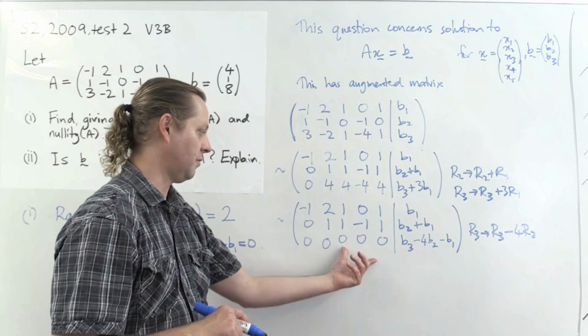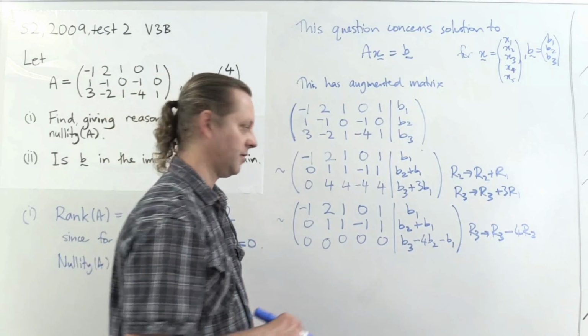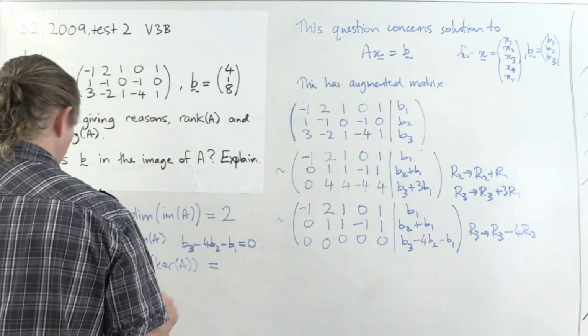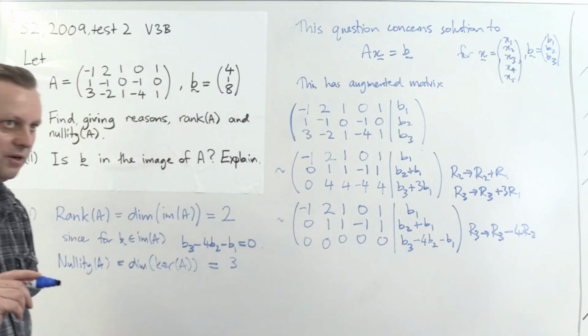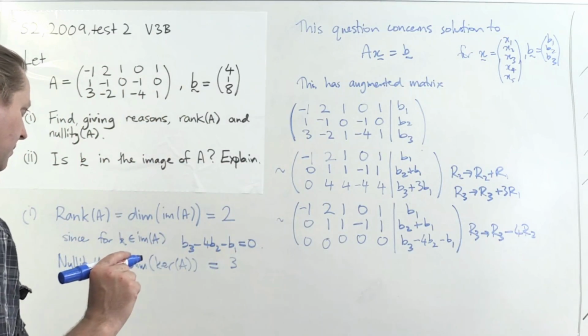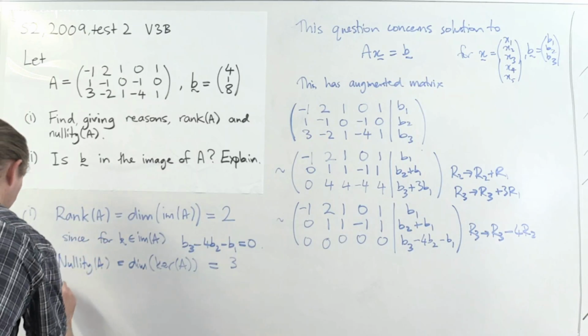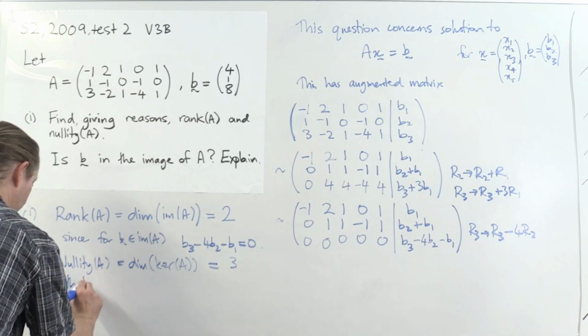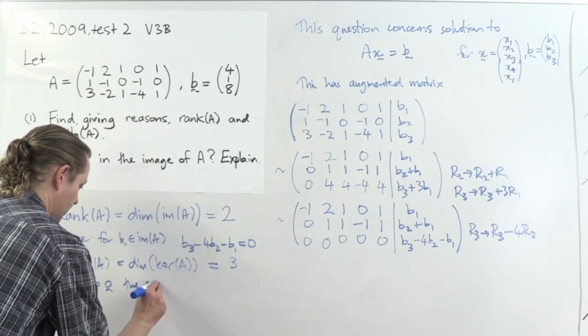So if we were solving this with b equals 0, we would introduce 3 parameters, and so the solution is 3-dimensional. There's lots of ways you could write down a reason for that. You could say that with b equals 0, the system is consistent.